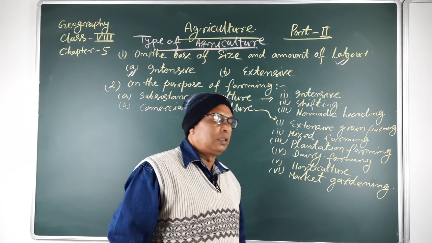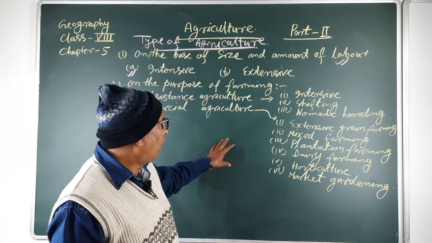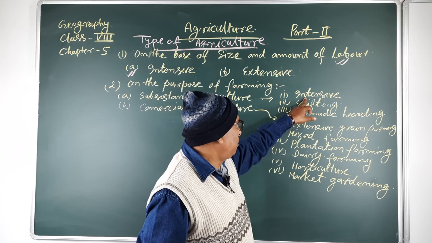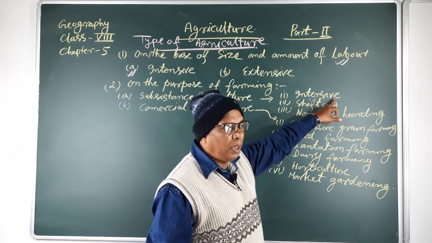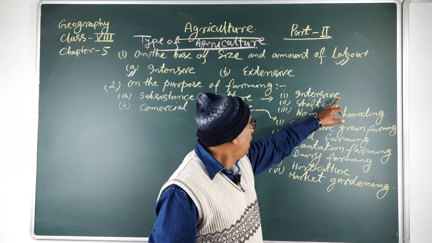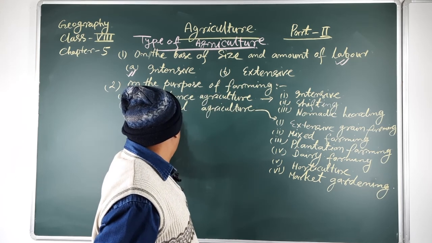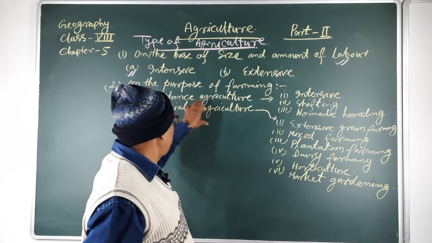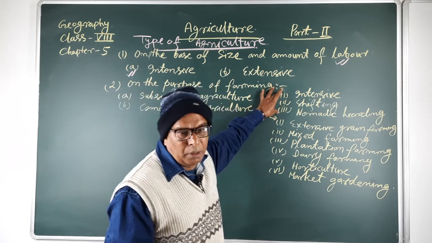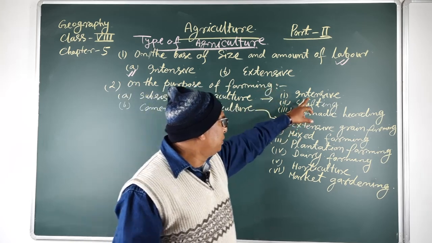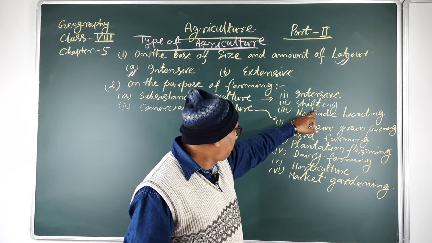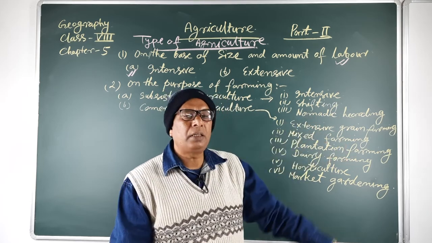Under subsistence farming, we have already discussed intensive agricultural farming. There are three types of subsistence farming: intensive, shifting, and nomadic herding.